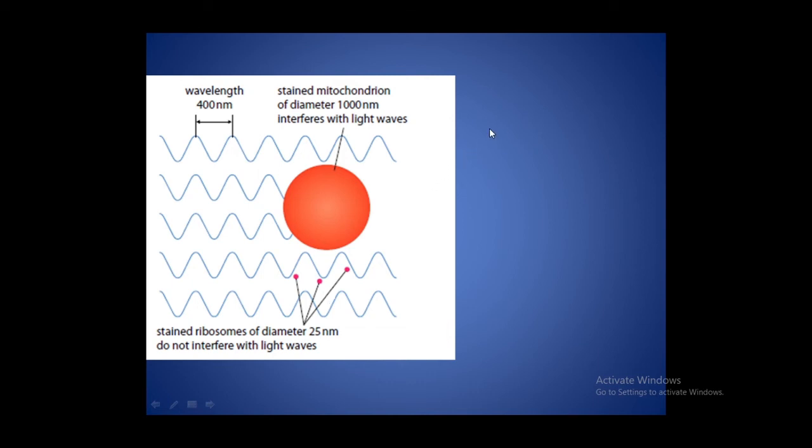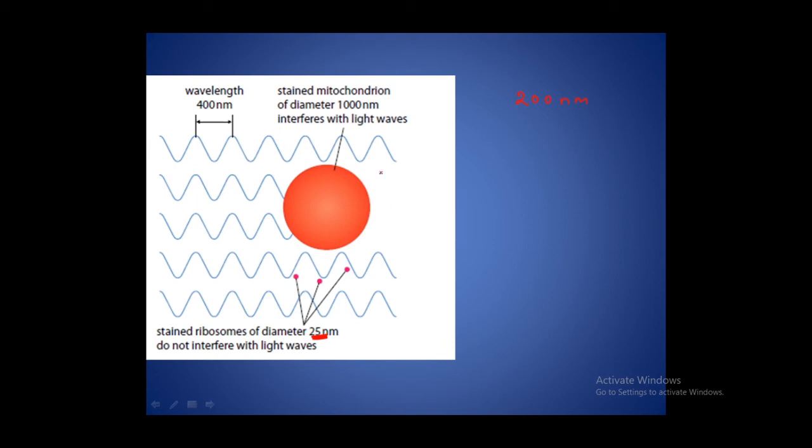So the resolution limit of a light microscope, we know, is 200 nanometers, and 25 nanometers is way less compared to the 200 nanometers, which is the resolution limit of the light microscope. So it will never be observed using a light microscope.